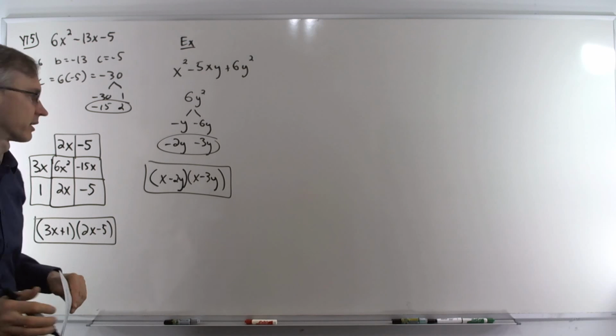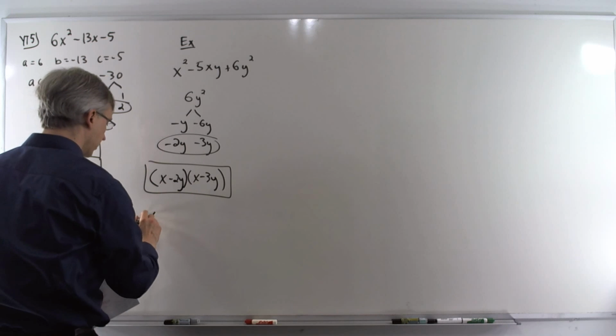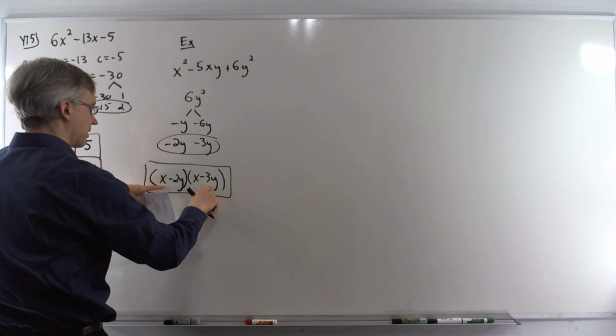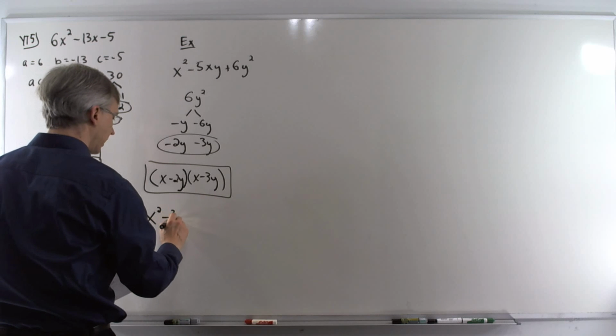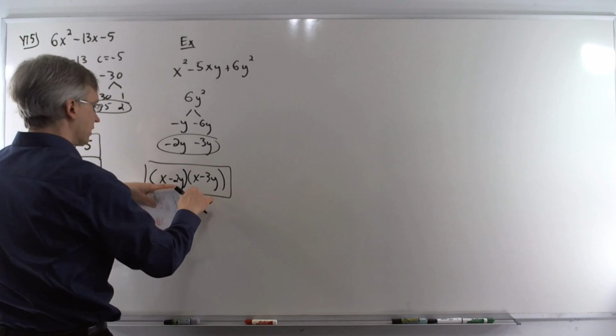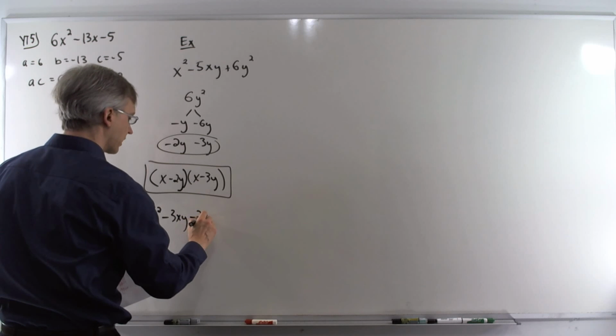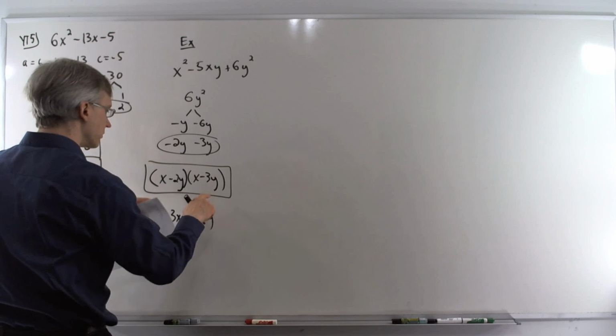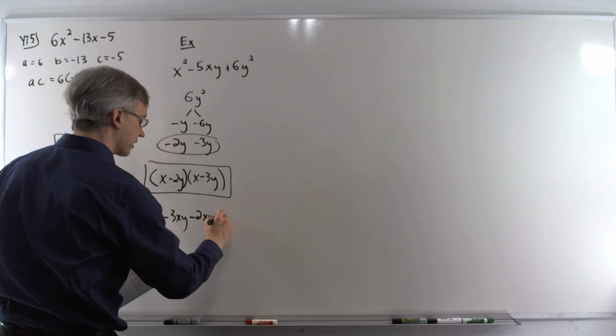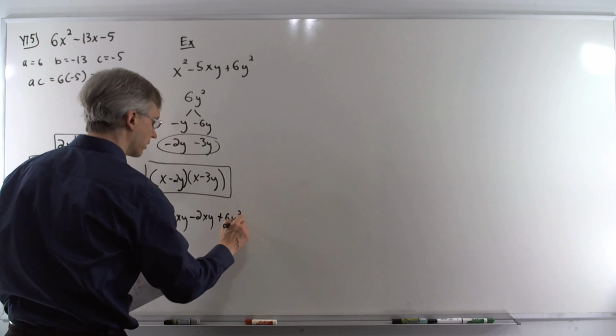Now let's FOIL just to check. X times x is x squared. X times negative 3y is negative 3xy. Negative 2y times x is negative 2xy. And negative 2y times negative 3y is positive 6y squared.